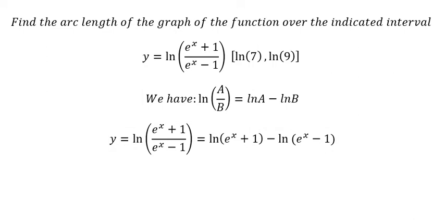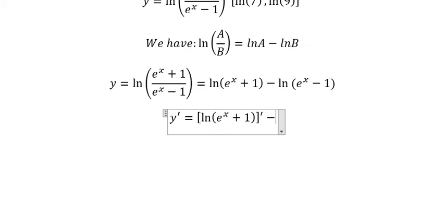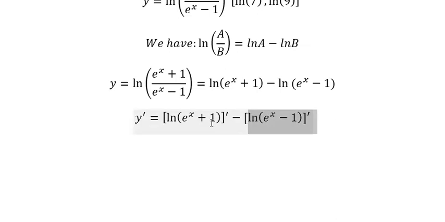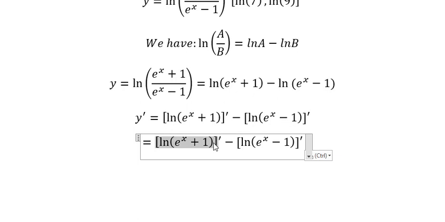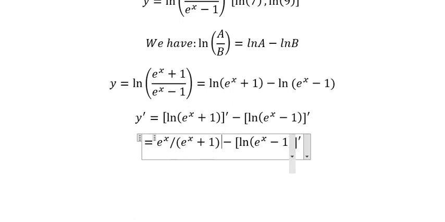So we need to do first the derivative of y. So this one we have e to the power of s over e to the power of s plus 1.